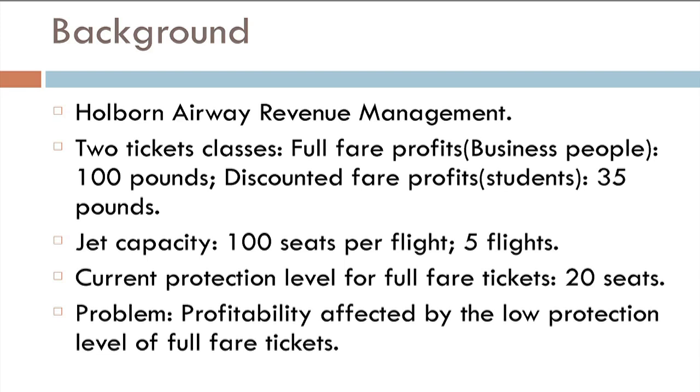The problem now is that the management team is concerned that this protection level is too low, which will affect the profitability of the company, so they are looking at methods to improve this level in order to improve their profitability.